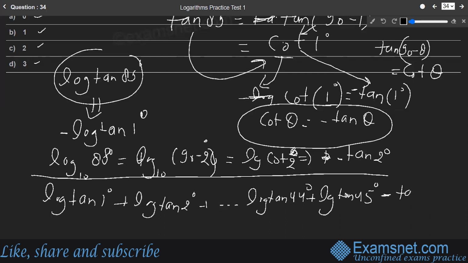The negative sign of the next term would have been tan 44 degree. The next negative terms would have been tan 43 degree, 42 degree, 41 degree. It will keep on continuing till minus of tan 2 degree.